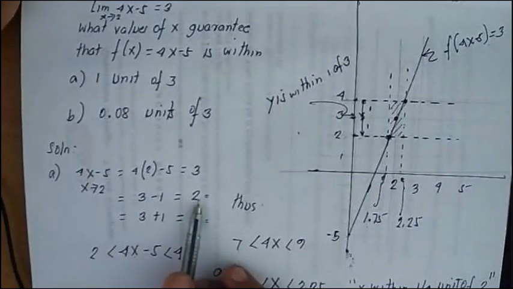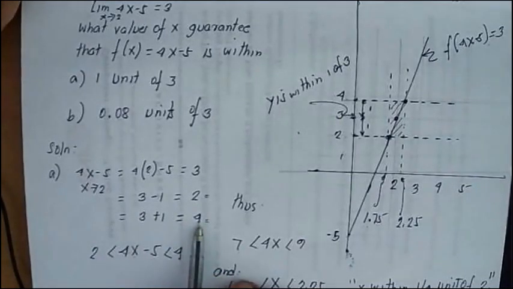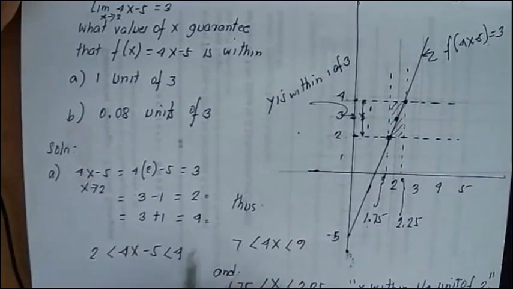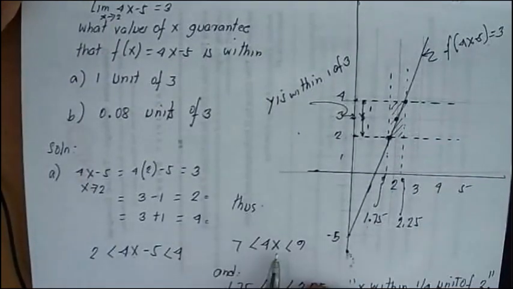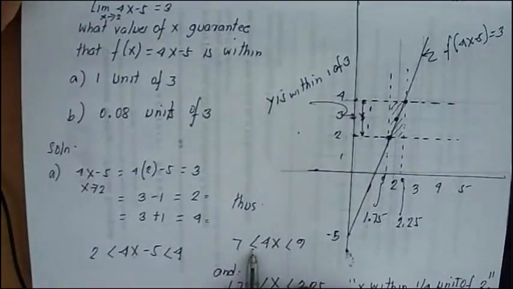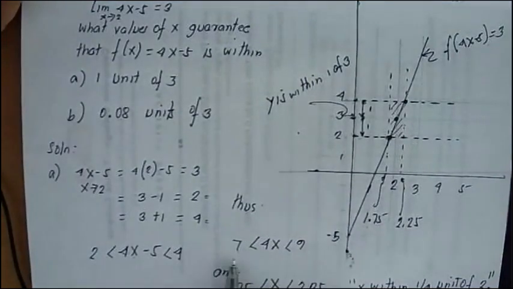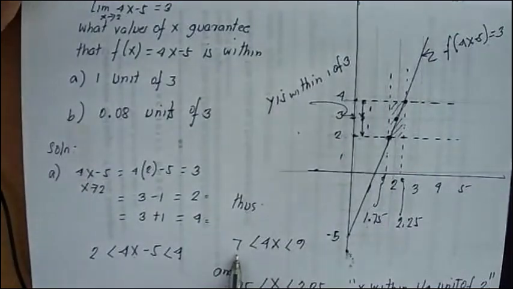3 minus 1 is equal to 2. 3 plus 1 is equal to 4. So therefore, 4x minus 5 should be greater than 2 but less than 4. Okay? So there is another condition that 4x should be greater than 7 but less than 9. Alam nyo kung paano nakuha yung 7 at 9?